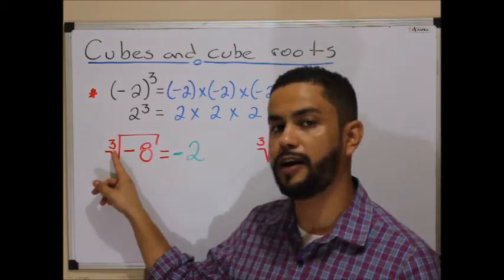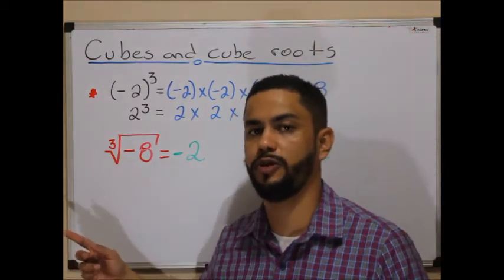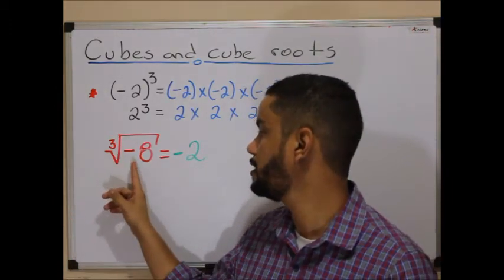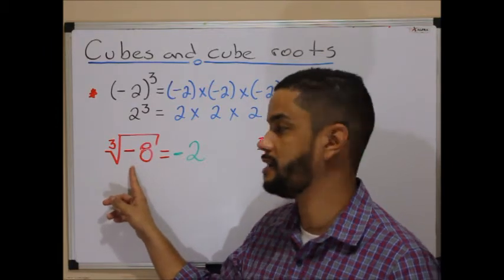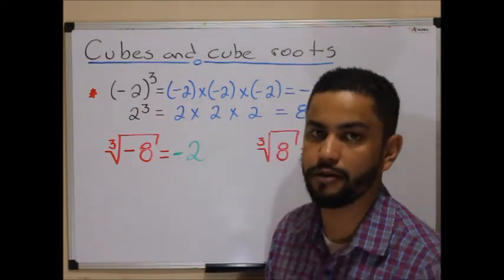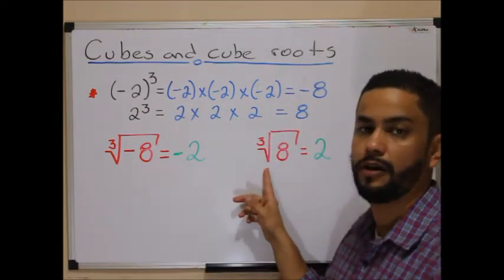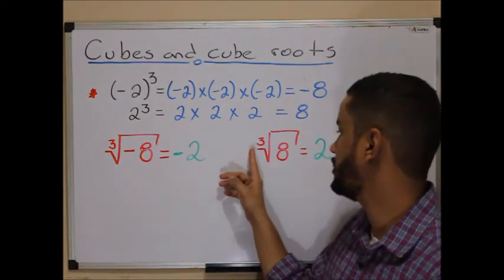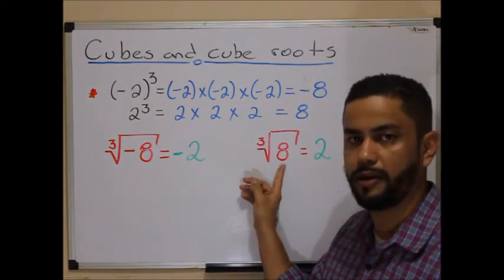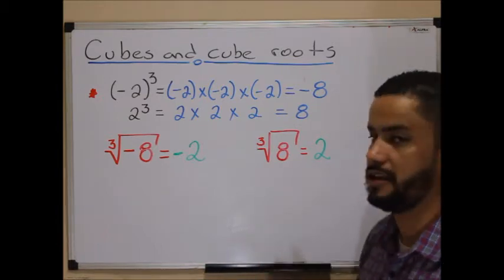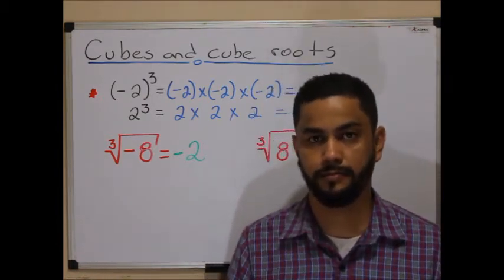Here we need to find what number is repeating itself 3 times to get negative 8. So it will be negative 2. Same here. Which number is repeating itself 3 times to be 8? Positive 2.